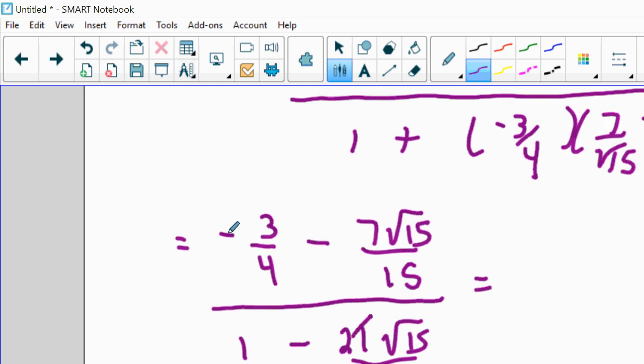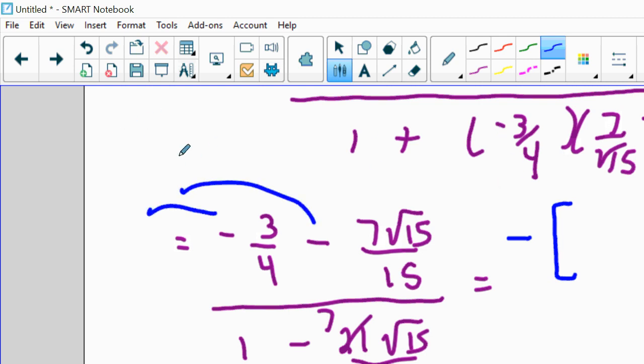But this busts down into 7/5. I'm going to pull a minus out and then do that crisscross applesauce thing. So 45. But because I pulled the minus out, it's actually a plus 28 radical 15 over, I guess, 60.